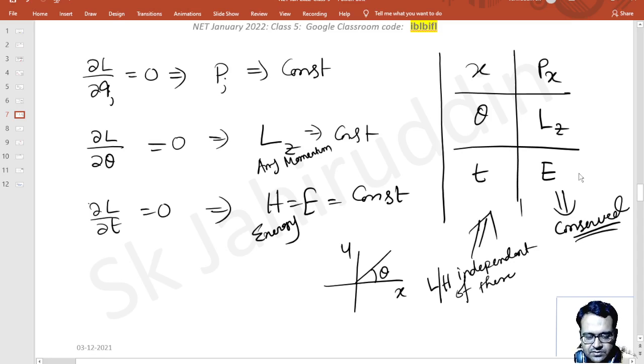Many philosophers think like this, that in nature we have these conservation formulas. The origin of these conservation formulas is related with the symmetry of the universe.